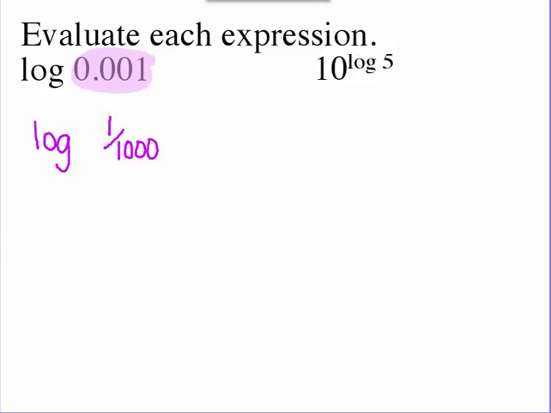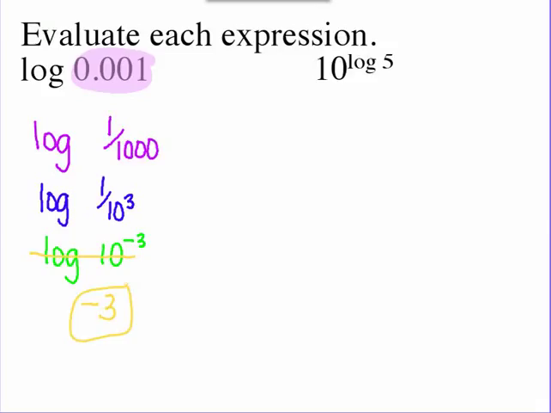And we know that 1/1000 is really 1 over 10 cubed. And I know that how I move my 10 cubed up is I make it negative. So my answer is -3. Now, some of you might be able to do some of those steps in your head. That's fine.